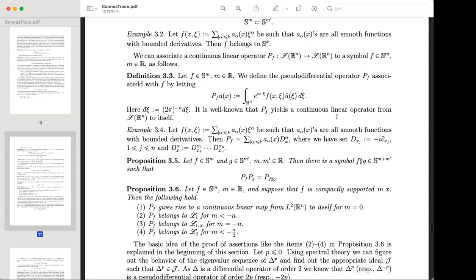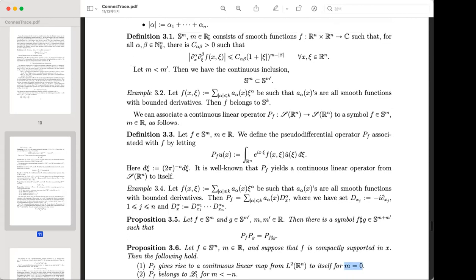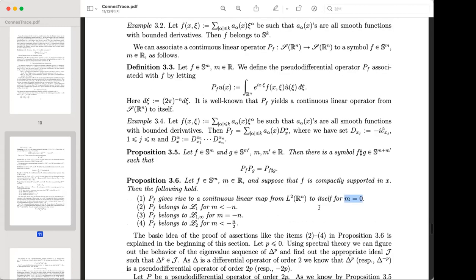Okay, so this is the most typical result connecting the property of the function and the associated pseudo differential operators. For example, if f is a symbol of degree 0 according to this definition, then it's well known that the associated pseudo differential operator yields a continuous linear map on the L2 space on R^n to itself.